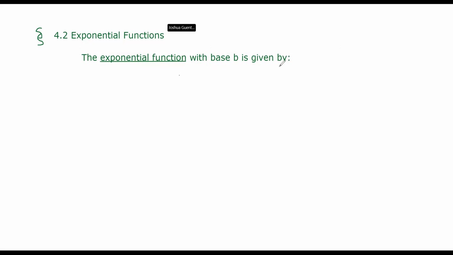It's going to be a function, so we can write f of x. It's going to be that base just raised to the x power. So it involves an exponent, as you probably would have guessed, because we're dealing with the exponential function. So there you go. You have a base b.